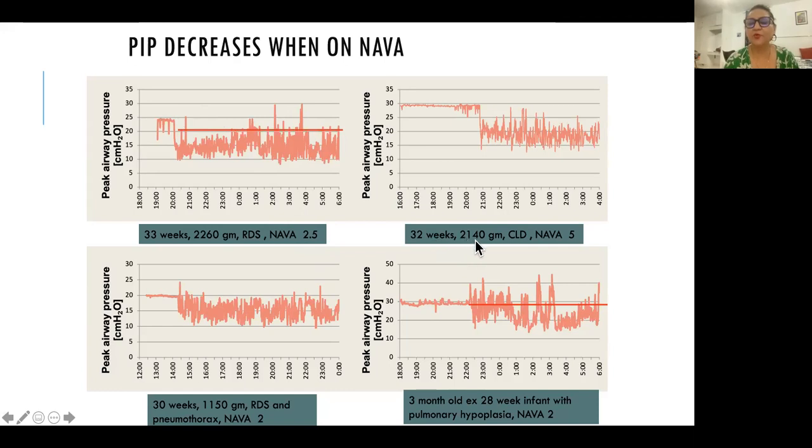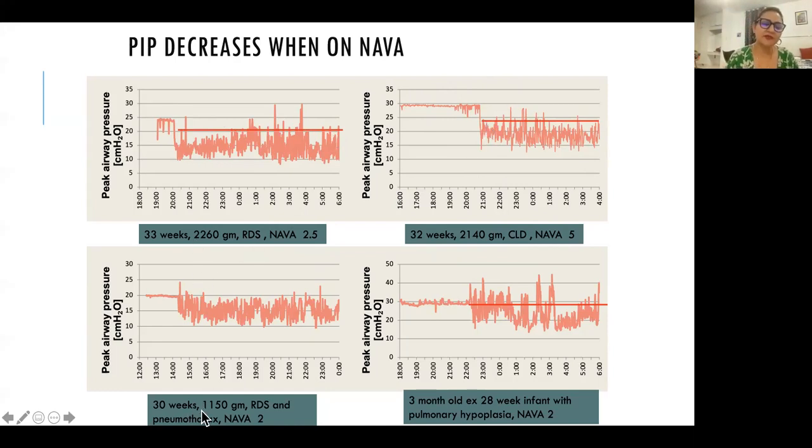Another baby, 32-weeker, 2,140. Now this is BPD, and that's why it's requiring a very high pressure of 30. And hence we know that this baby is going to require higher support. So you will keep a higher NAVA level of 5. And then what happened was that from 30, the pressure came down to 24, 23.